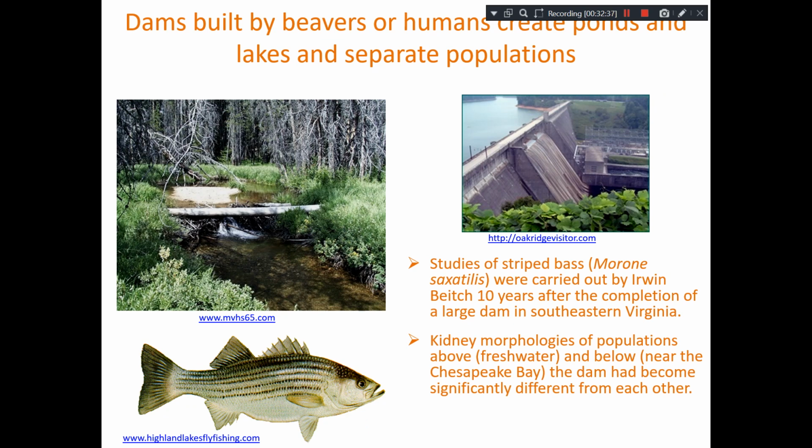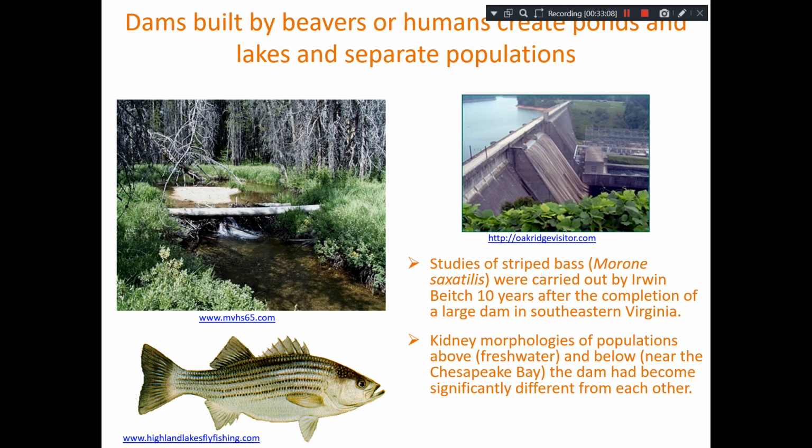Another one is the dam built by beavers or humans, which creates ponds and lakes as separate populations. How do we justify this? Suppose when a dam is built across the river, there is no connectivity between the fishes of the lower reaches and the higher reaches.